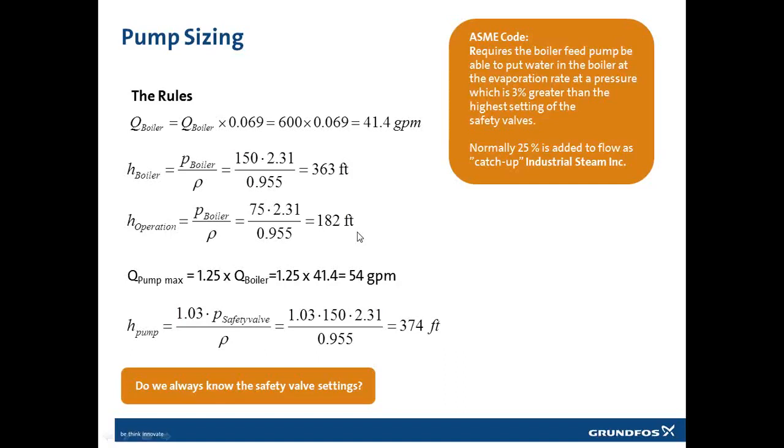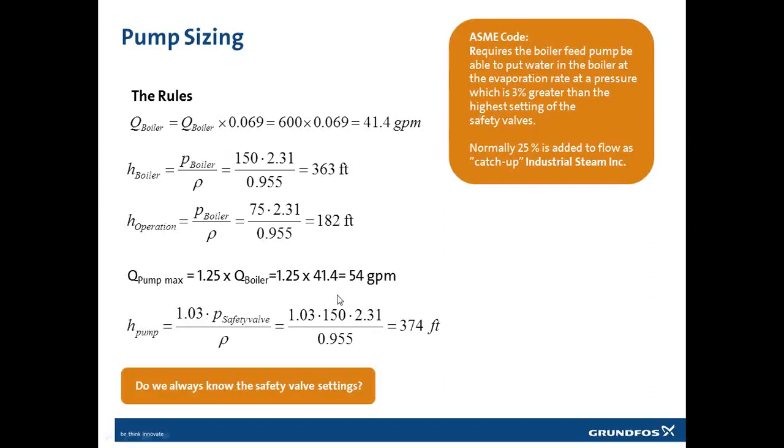I have my flow for the boiler that was calculated before, 41.4 gallons per minute, but due to the safety factor of 1.25 as catch-up, I end up with 54 gallons per minute as my design flow on my pump.